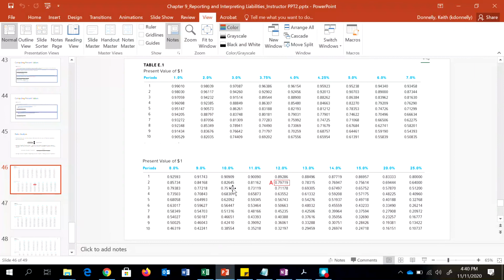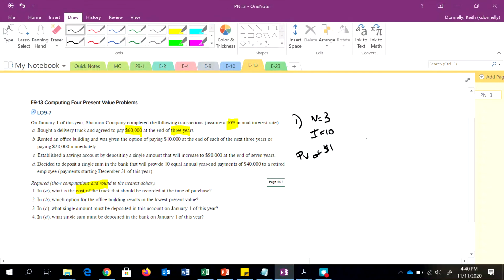That looks like it's going to be 0.75131. So what we do here is we say, okay, $60,000, because that's what we agreed to pay, times the present value factor, 0.75131, equals 45,079. So that was 1.